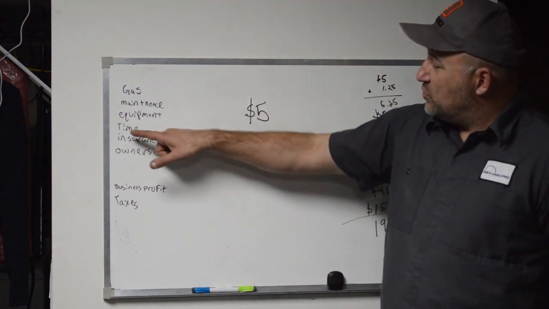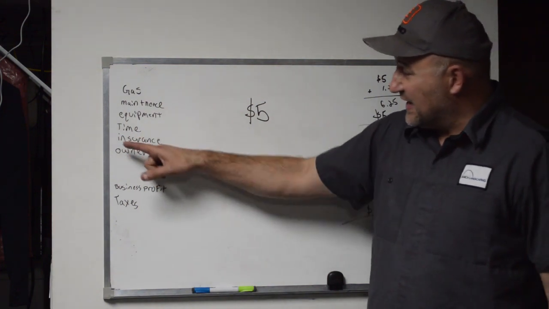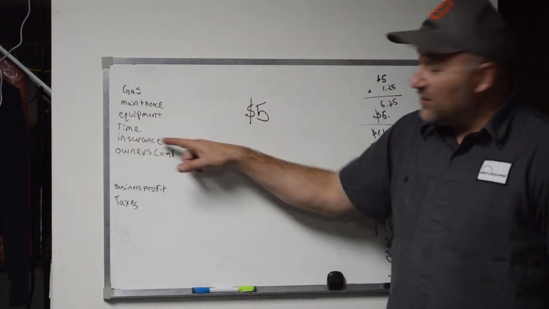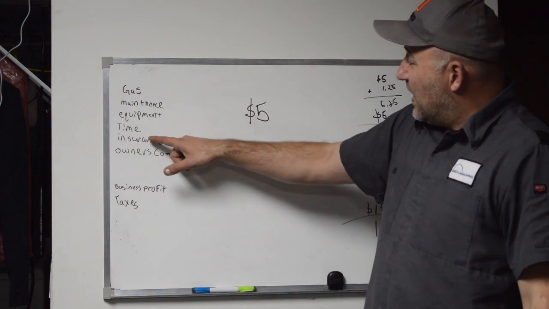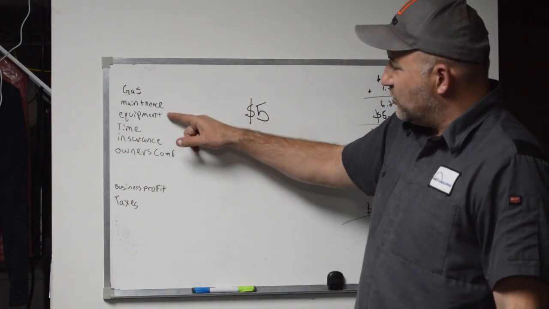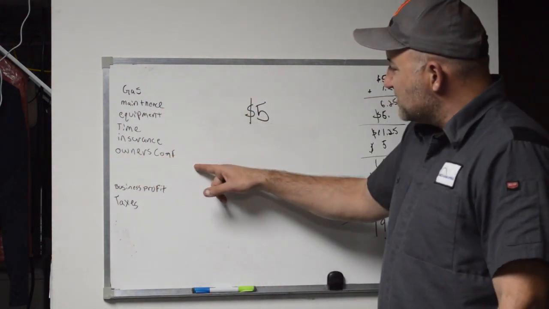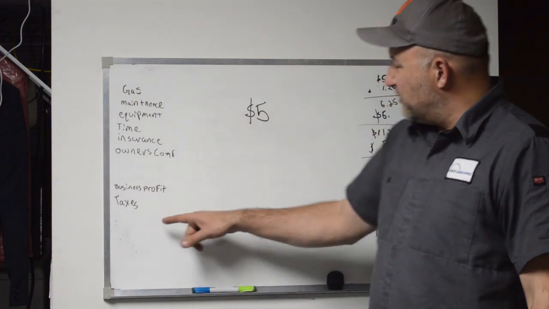Now, that doesn't include time. That doesn't include the owner's comp or the insurance. I actually started without insurance, so that insurance wasn't in there. But that counted for equipment, maintenance, and gas costs. I didn't have an owner's comp in there. I didn't have a business profit or anything like that.